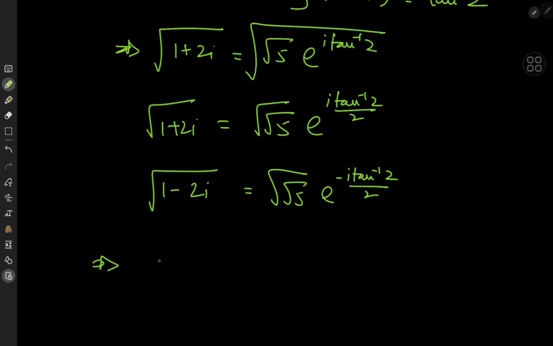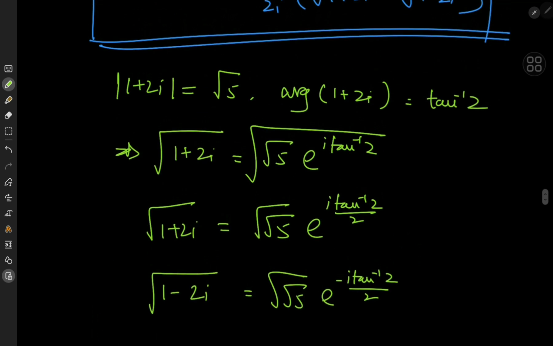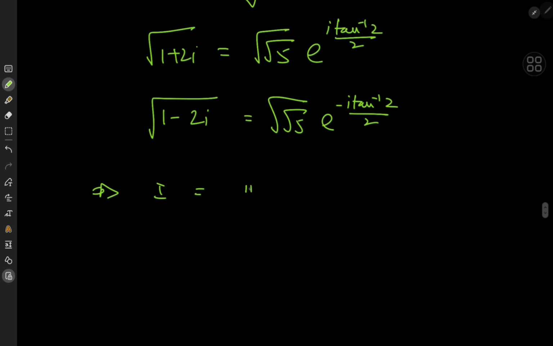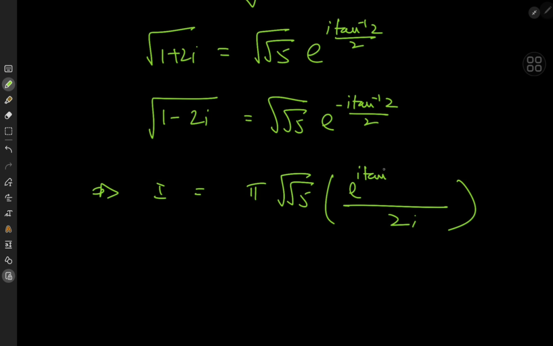That means for the target integral I, we had pi by 2I times the difference of these two square roots. So that would be pi by 2I. We could factor out the root 5 term. And I'm going to need this 2I in the denominator. I'm going to absorb it here because we have a very useful structure in place.